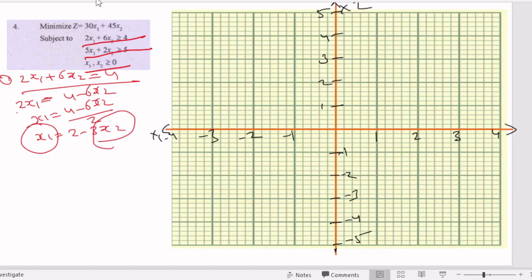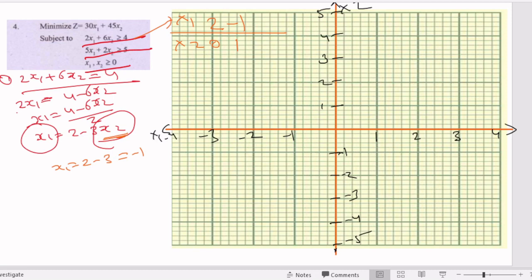Let's make a table of x1, x2 for this equation. If I substitute x2 equal to 0, x1 will be 2. Simple: (2, 0). If I substitute x2 equal to 1, then 2 minus 3 into 1, so x1 will be minus 1. Simple, right? (minus 1, 1).